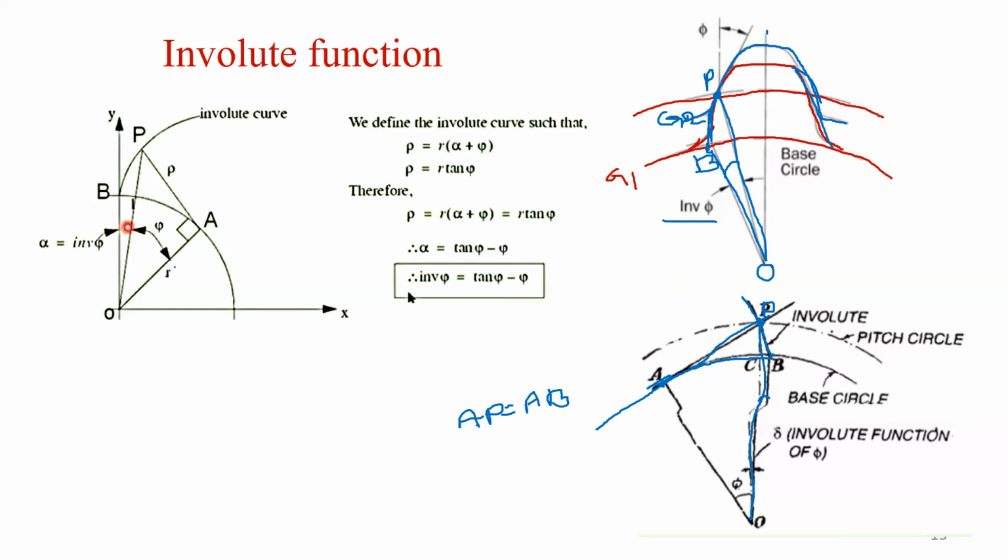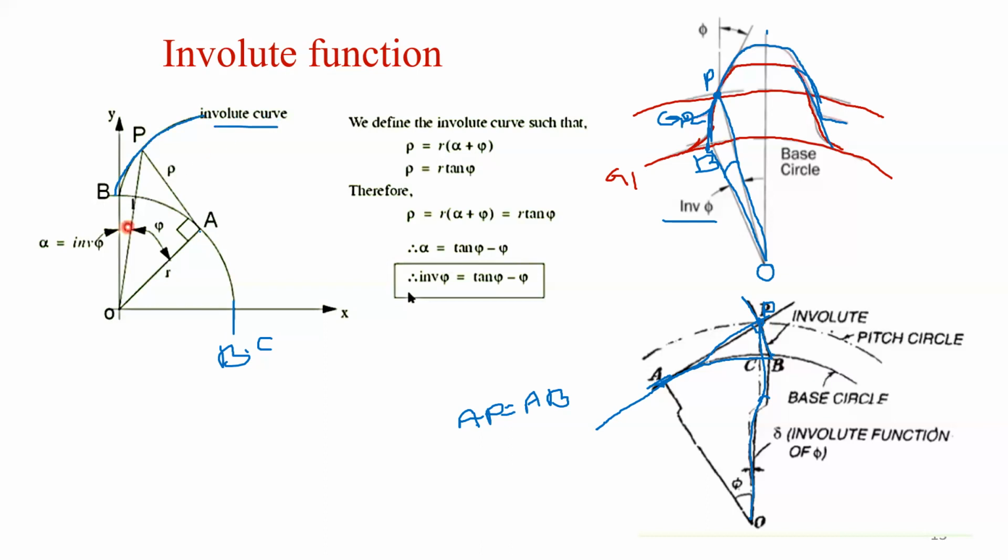Now coming to this figure, AB represents the base circle of the gear. And then here we have the 90-degree angle. If we unwind AB, we will get the involute curve.